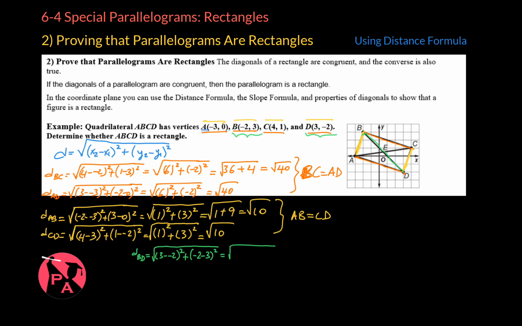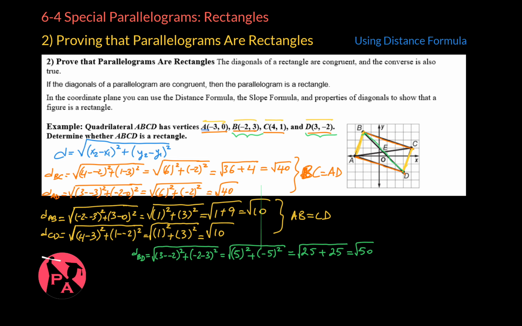And it equals, right here we have 3 plus 2 or 5 squared, plus, now negative 2 minus 3 is negative 5 squared. So 5 squared is 25. Negative 5 squared is the same, because if we multiply two negatives, we get a positive number. 25 plus 25 is radical 50. Now I know that the length of BD is radical 50.